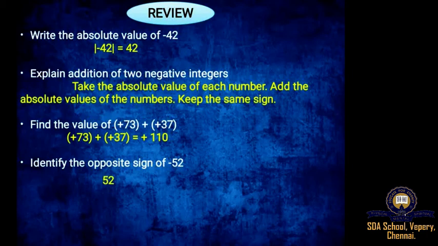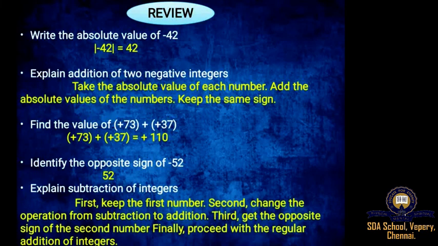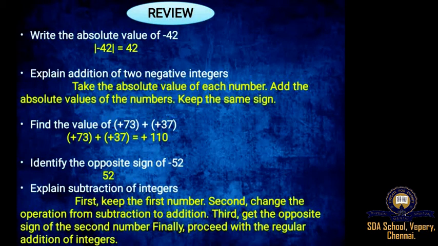The opposite sign of minus 52 is plus 52. Explain subtraction of integers. Yes. So first, keep the first number as such, and second, you have to change the operation from subtraction to addition, and then you have to get the opposite sign of the second number and you have to finally proceed with the regular addition of integers.